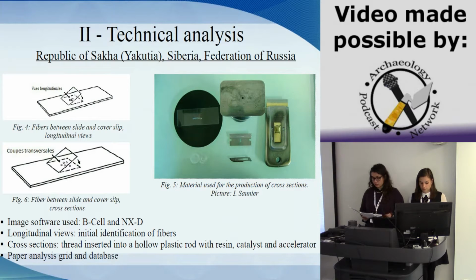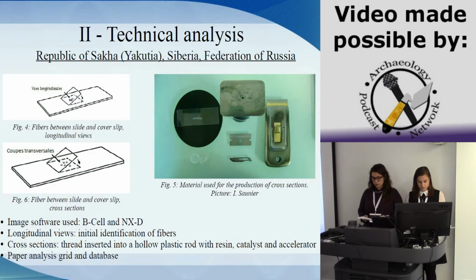To realize this view, the selected thread is inserted into a hollow plastic rod containing resin mixed with a catalyst and an accelerator. Then, it is transferred by capillary action into the plastic rod. Once become a solid block, the rod is removed and the block is placed vertically in a manual microtome.